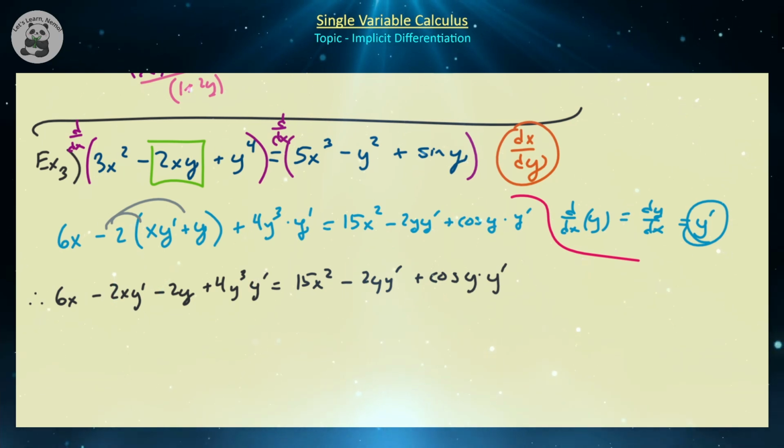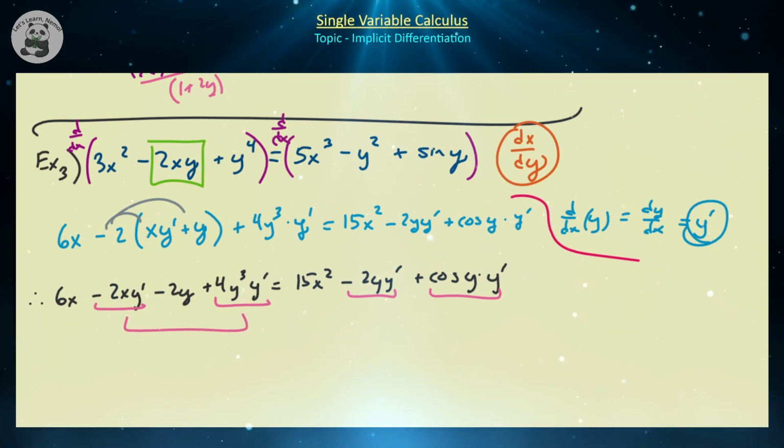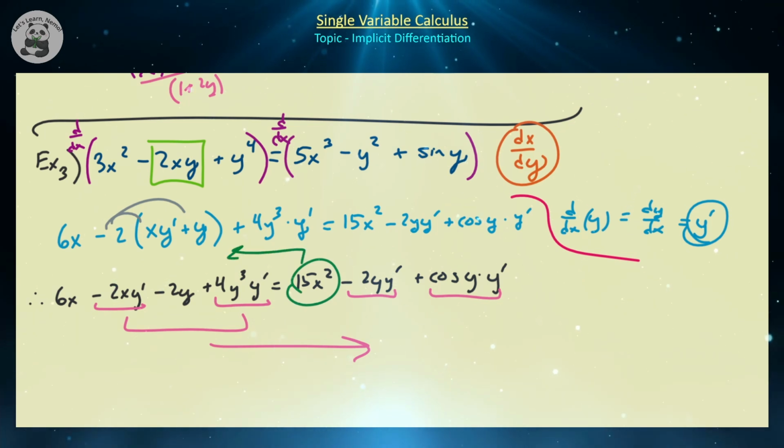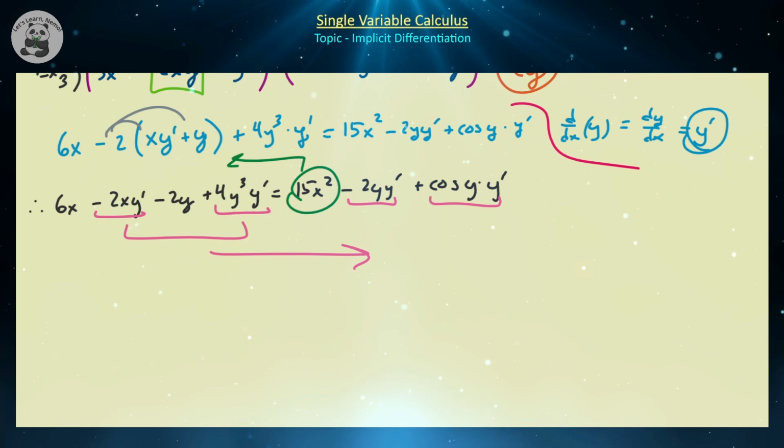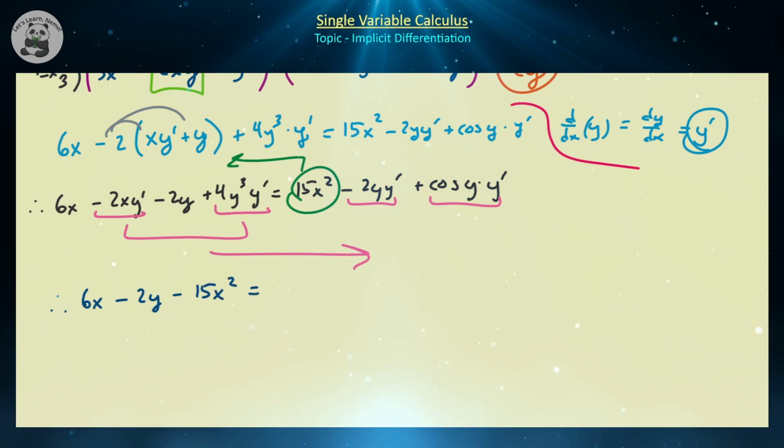Now what I need to do is get my y prime terms to the same exact side. What I'm going to do is shift these to the right-hand side, and shift this 15x squared to the left-hand side. And once I do that, what will I have? I'm going to have 6x minus 2y minus 15x squared on the left-hand side.